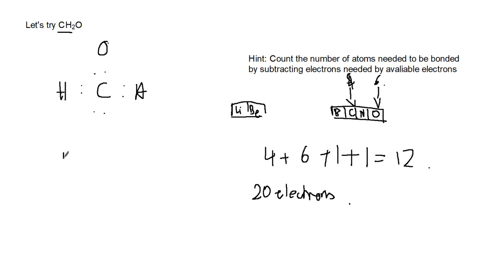Well, let's see. H, C, right, and then O. So how many electrons does oxygen need? Oxygen needs 8 electrons, right? We've already spent 8 of the electrons, and oxygen has 2, right?